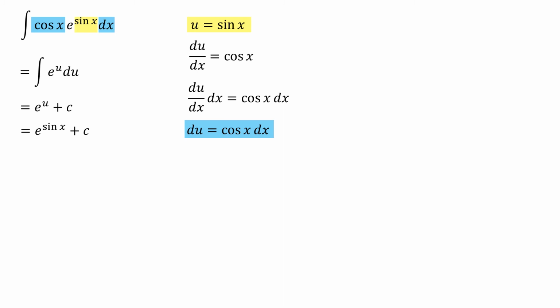Back substitute. And if I want to check, take the derivative. The derivative of e to the sine of x, of course, is just e to the sine of x. Chain rule says, hey, you better take the derivative of sine of x, which is cosine of x. And there it is. It matches what was inside the integral symbol.